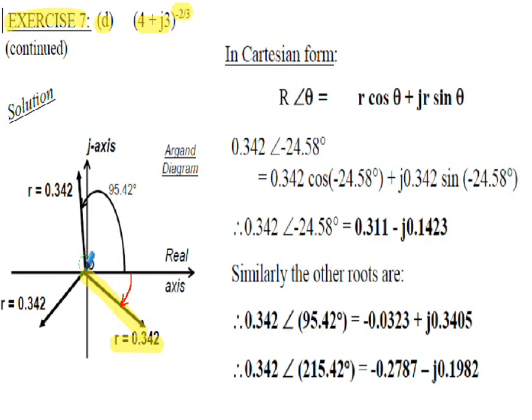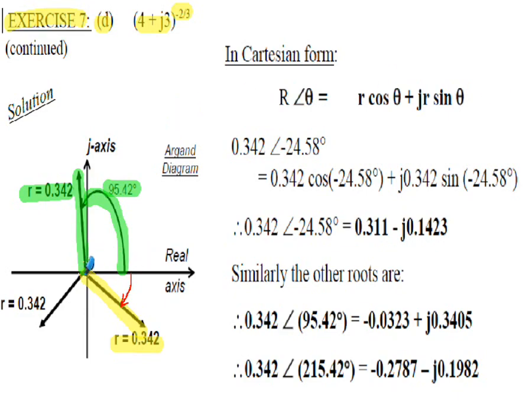Our second solution is shown here on the Argand diagram. R is equal to 0.342 again, and this time the angle is positive 95.42 measured anti-clockwise from the real axis, as shown.